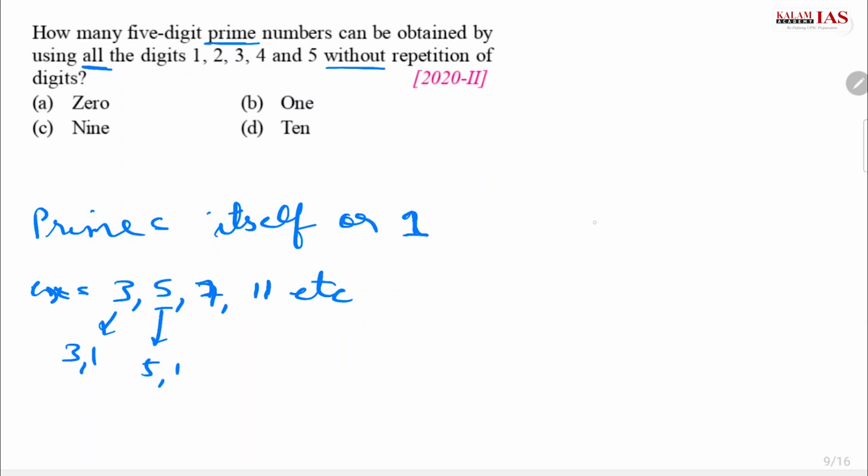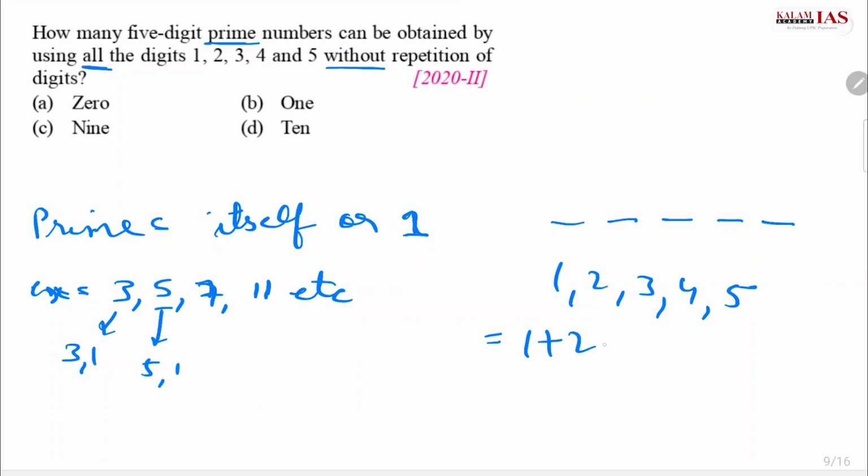Now they are asking a 5-digit prime number using the digits 1, 2, 3, 4, 5. A prime number, as we saw, is not divisible by any other number. Now if we see the summation of these 5 numbers, and there is no repetition, that means you can use only one digit at a time. You cannot use it twice or thrice.